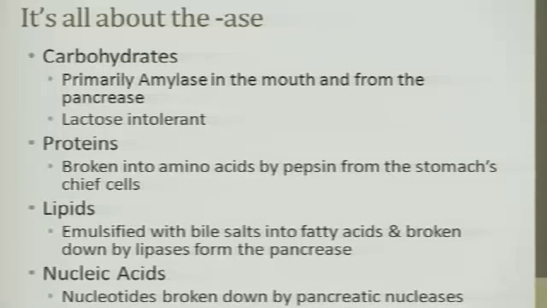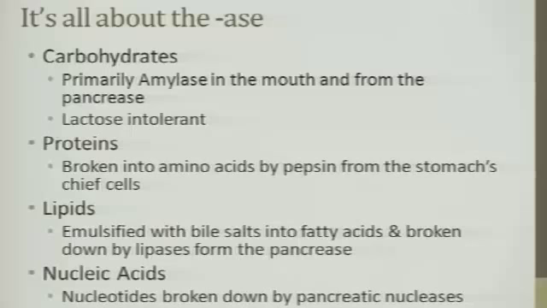So if that pepsin was just being released into the stomach all the time, it would start to eat away at the stomach lining. So pepsin is stored as pepsinogen, and then it's triggered by hydrochloric acid. So we release hydrochloric acid, pepsinogen breaks down into pepsin, and it can break down protein.